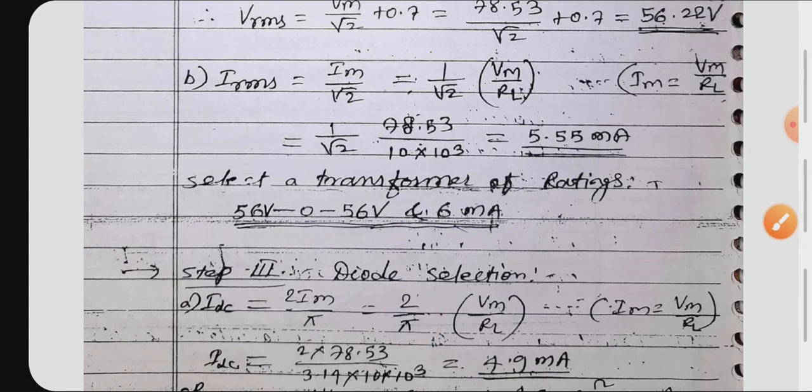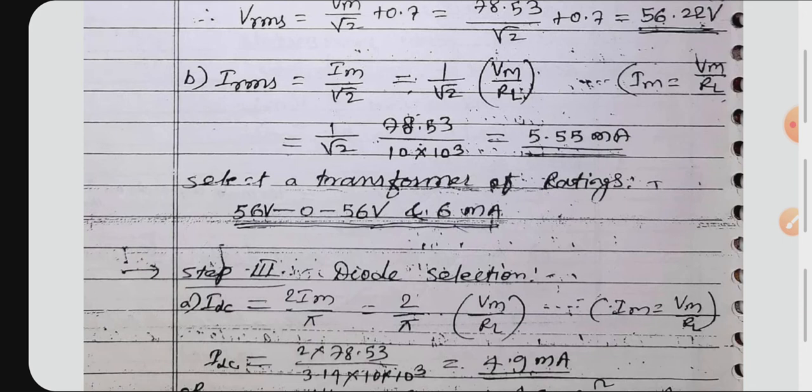So it can be rounded up to 6 milliampere. Now you can write the rating of transformer: 56 volt, 56 volt and 6 milliampere. So what is the rating of the transformer? 56-0-56, it means it is a center tap transformer. You know that in full wave rectifier we have to use center tap transformer.